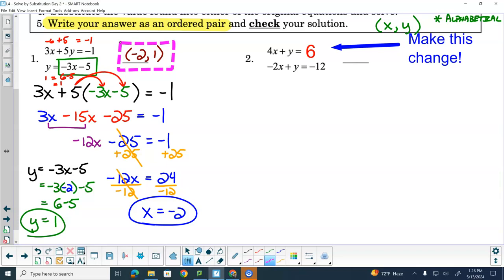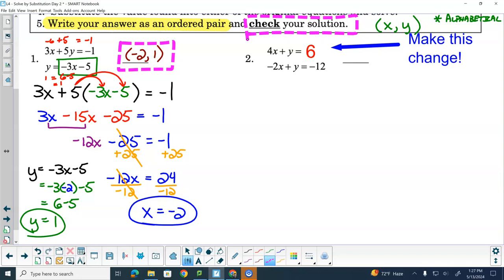You're creating your check. Right here, check your solution. If it doesn't work, you did it wrong. If it works in both equations, you know you're right. There's no excuse for wrong answers anymore, because it's part of the step to know if you're right or not.